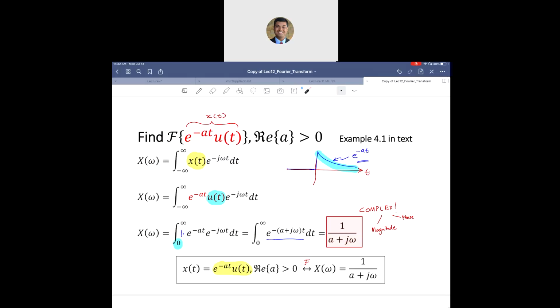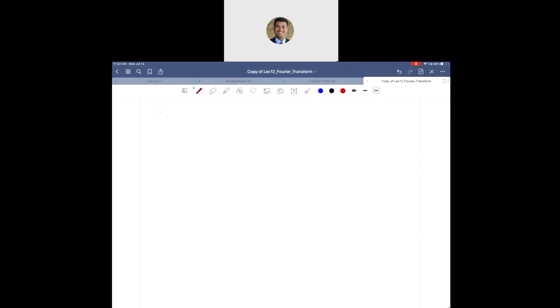So what is the magnitude? The magnitude of x of omega would equal the magnitude of 1, which is 1, divided by square root of a squared plus omega squared.